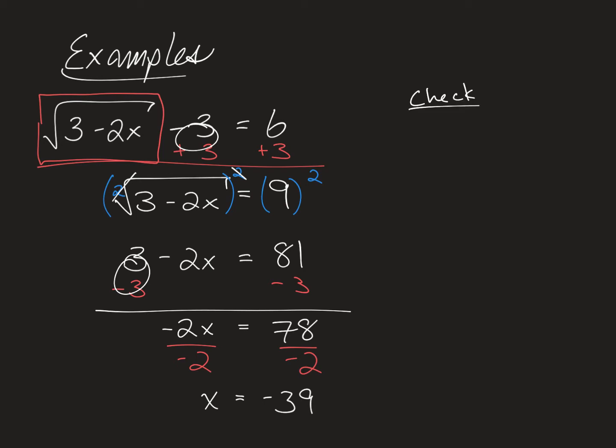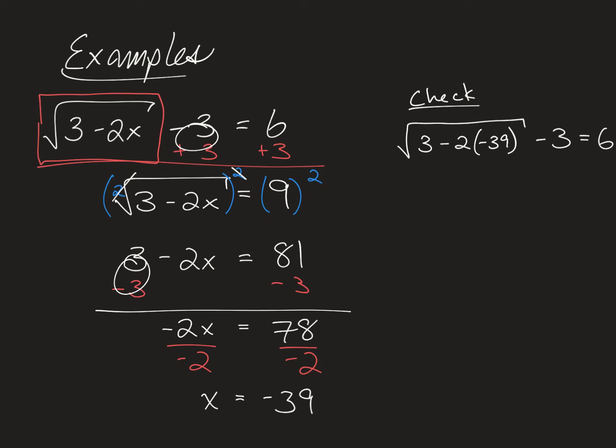All I'm going to do is substitute that answer, negative 39, in for x into the original equation. So I have the square root of 3 minus 2 times negative 39, all of that in the square root, minus 3 equals 6. So it looks like we just have to simplify things on the left side of the equation.